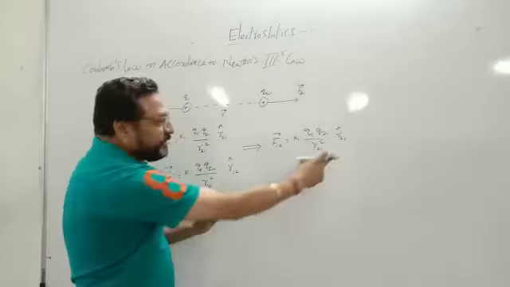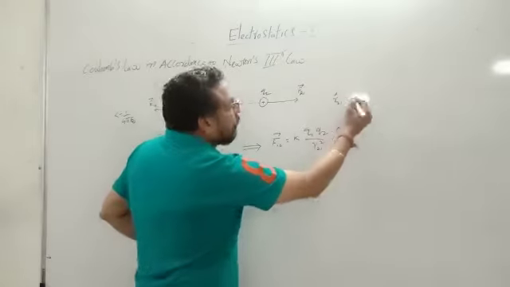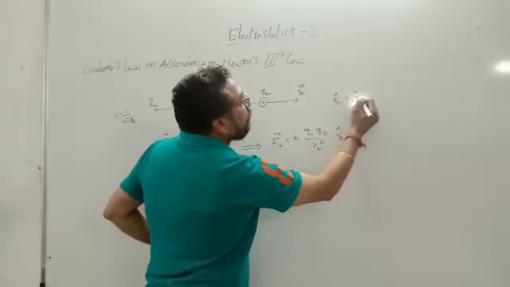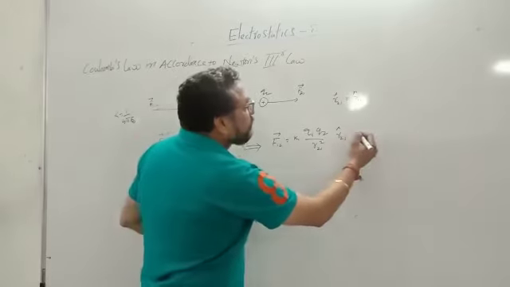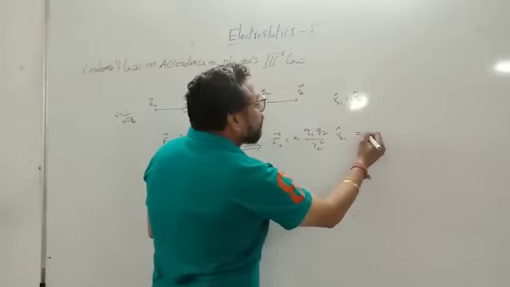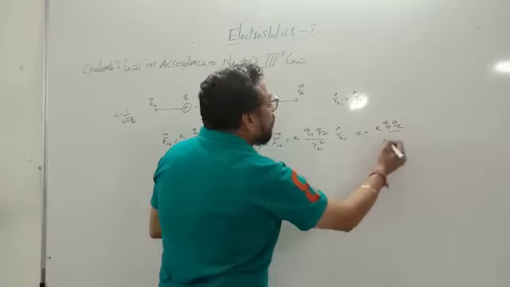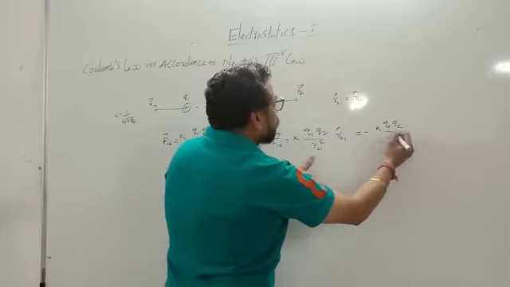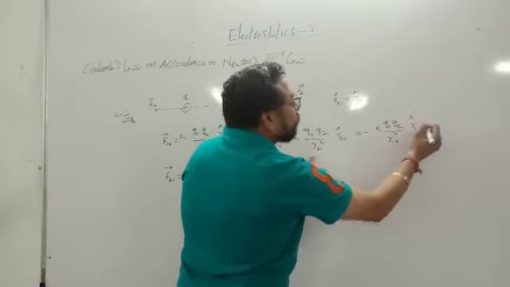If we replace unit vector 21, it is equal to minus unit vector of 12. So it equals minus K Q1 Q2 upon R12 square and unit vector of 12.